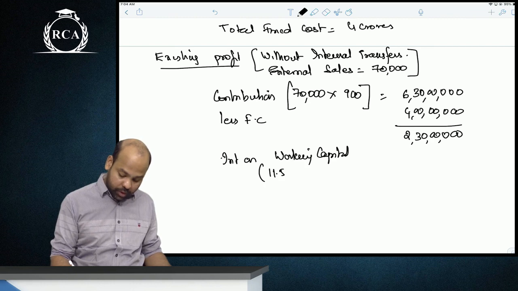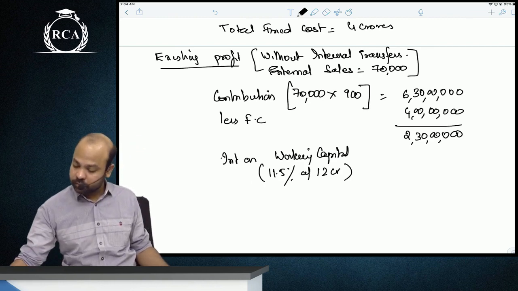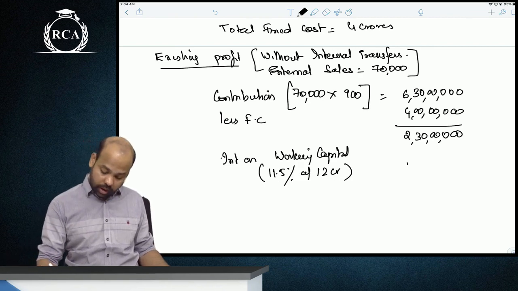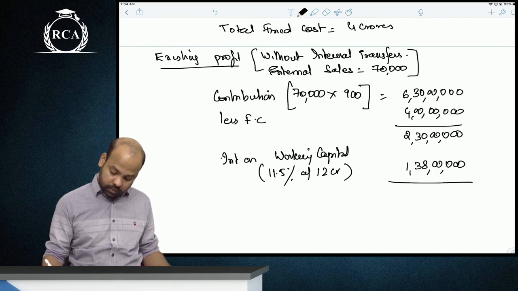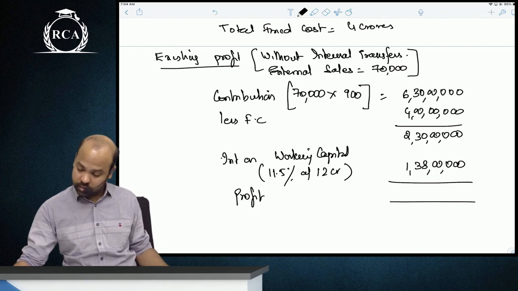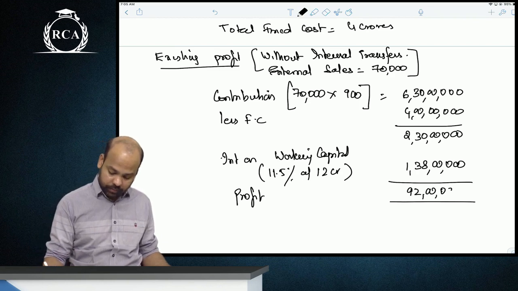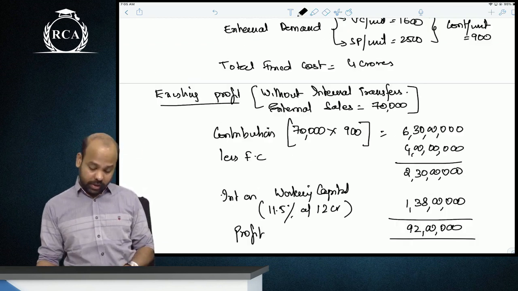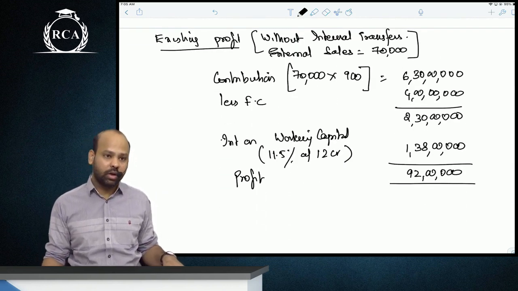It is 11.5% of 12 crores, which is 1 crore 38 lakhs. So this is the amount of profit that we would be making at present: 92 lakhs. Are we all clear about this? Yes, sir, we are all clear about this.